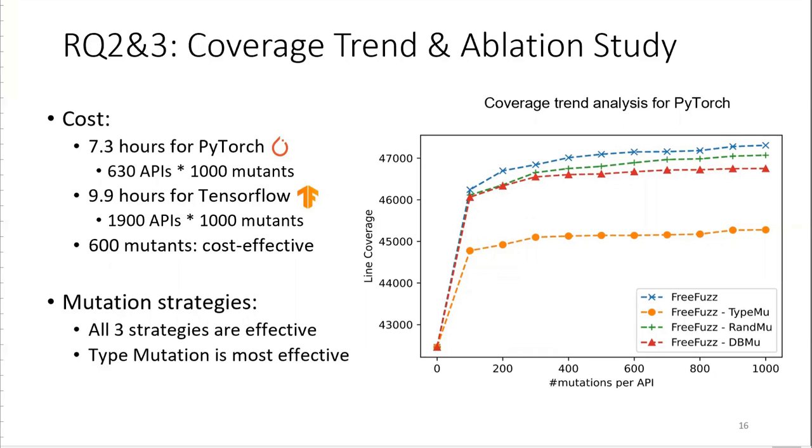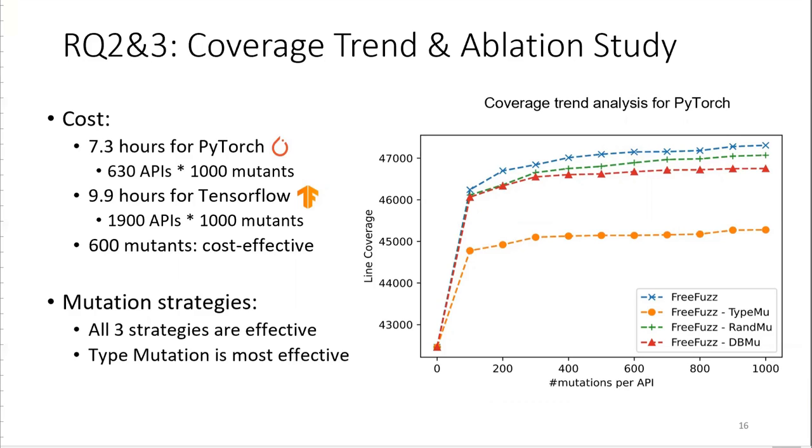Besides the full mode of FreeFuzz, we also show 3 variants of FreeFuzz. Each variant is turning off one of its 3 mutation strategies. As we can see in the figure, turning any one of the mutation strategies off will result in fewer covered lines. So our conclusion is that all 3 mutation strategies are effective.